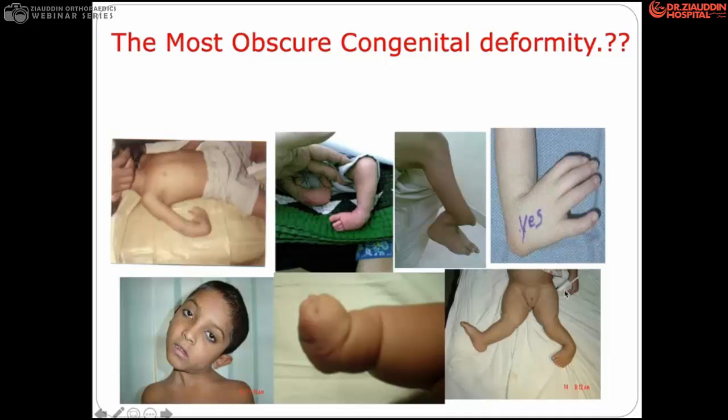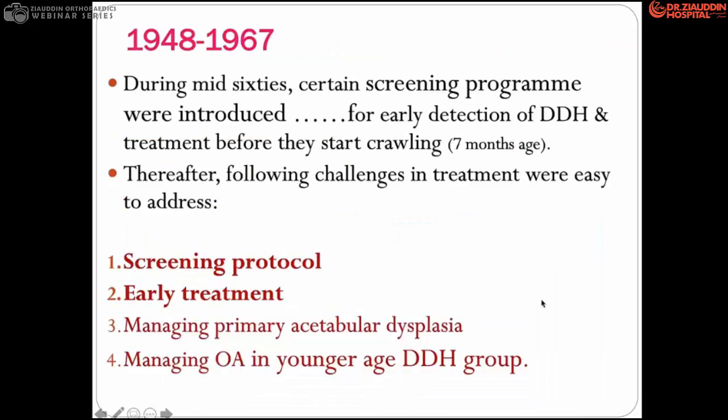But today there is ultrasound and further tools available, and therefore from 1948 to 1968 certain screening protocols were developed, and they started early detection of DDH before the start of crawling, and the crawling age considered is 5 to 7 months.